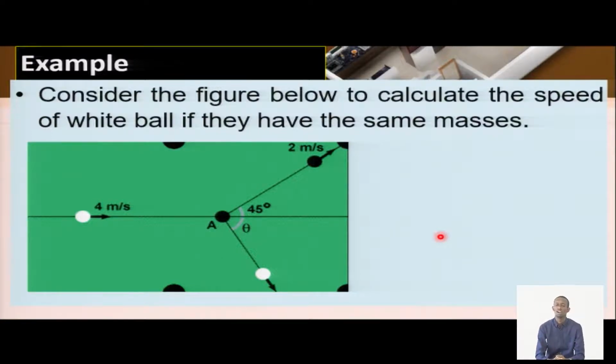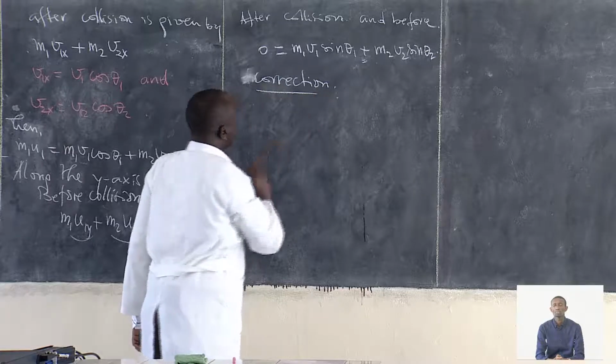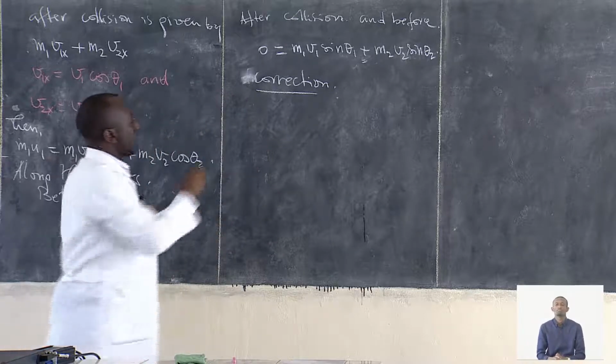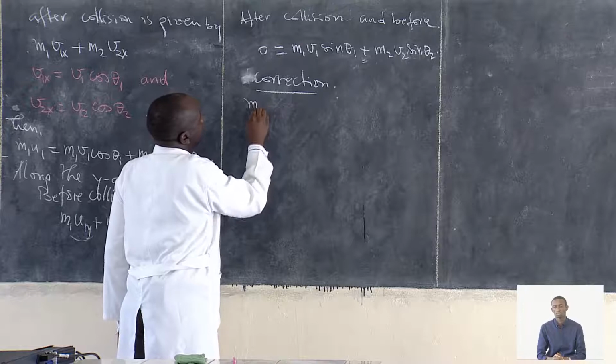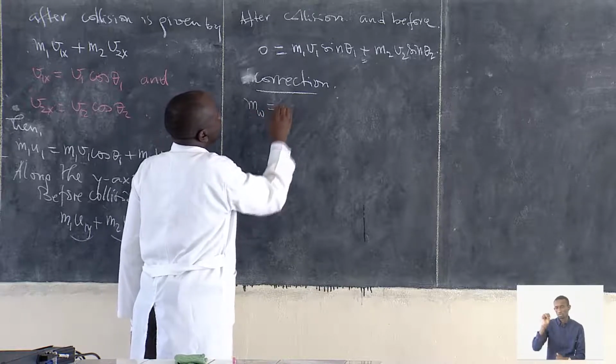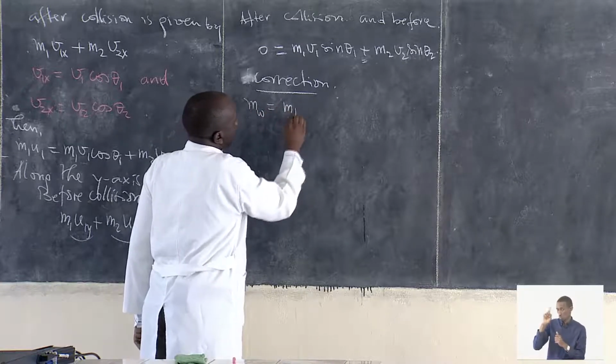Okay, very good. Let's correct this. As what you see, the mass of the white ball is equal to the mass of the black.